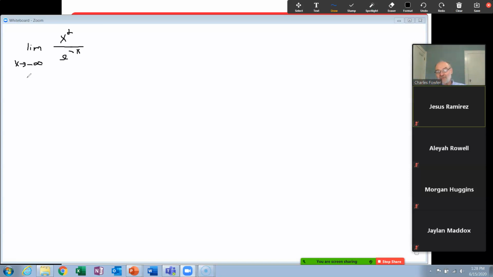Now, e to the minus x as x goes to infinity. If you think about it, e to the x, positive x, starts at 1 when x equals 0, and from there on it's going up. But e to the minus x starts up high, comes down, passes through 1 at x equals 0, and approaches 0 as x goes to positive infinity.